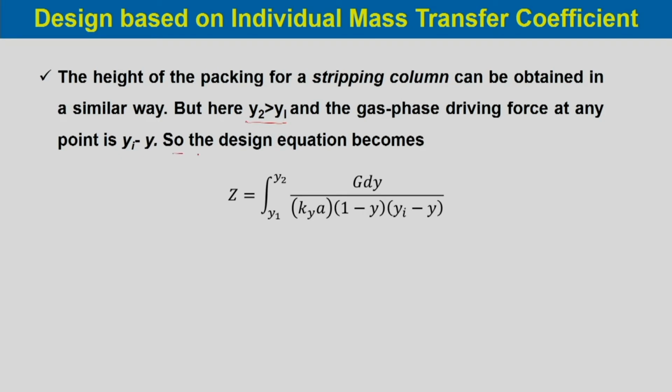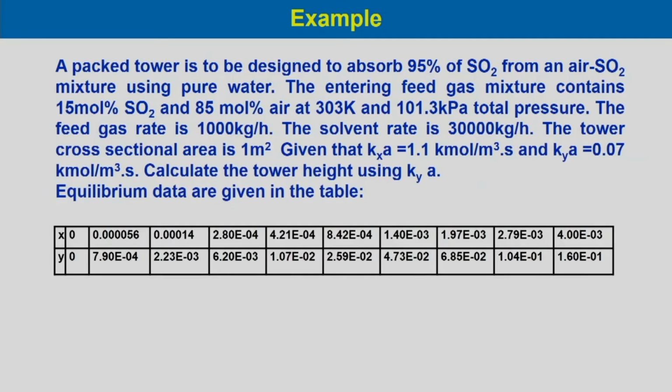So, the design equation will change to z equal to integral y1 to y2 of G dy divided by kya into 1 minus y into yi minus y. So, almost a similar procedure will be followed in the design of the packing for the stripping column. Now, let us take an example of how to calculate the tower height using kya.